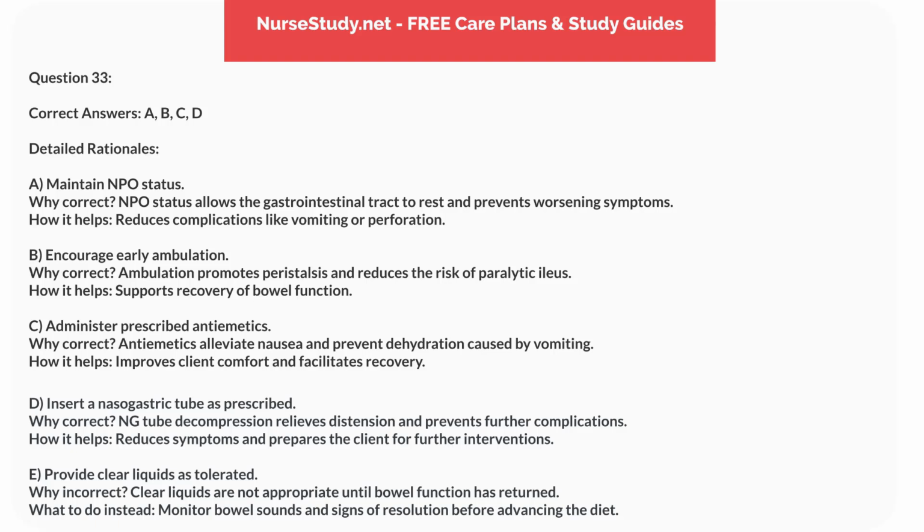How it helps: reduces symptoms and prepares the client for further interventions. E. Provide clear liquids as tolerated. Why incorrect? Clear liquids are not appropriate until bowel function has returned. What to do instead? Monitor bowel sounds and signs of resolution before advancing the diet.